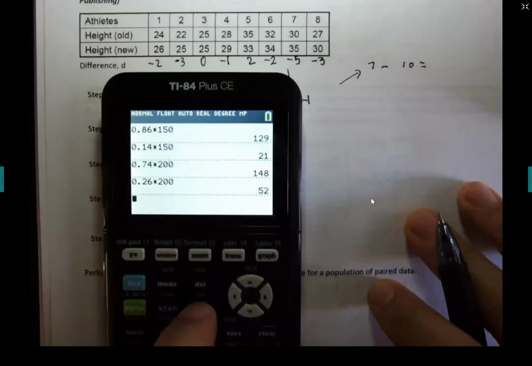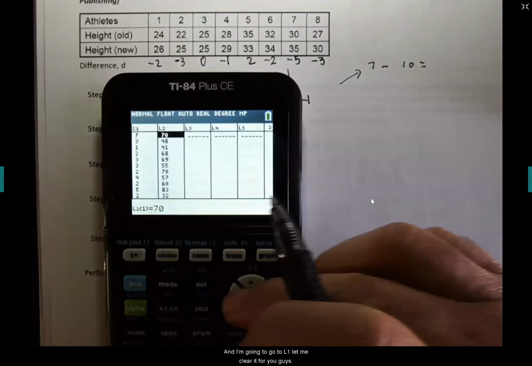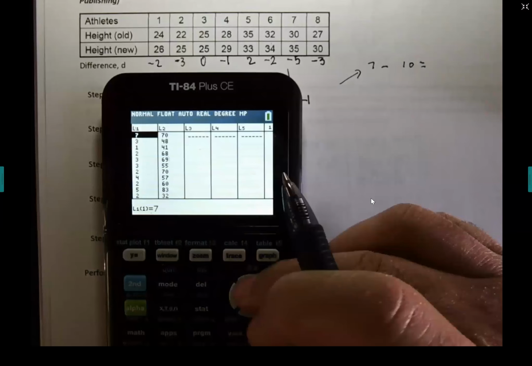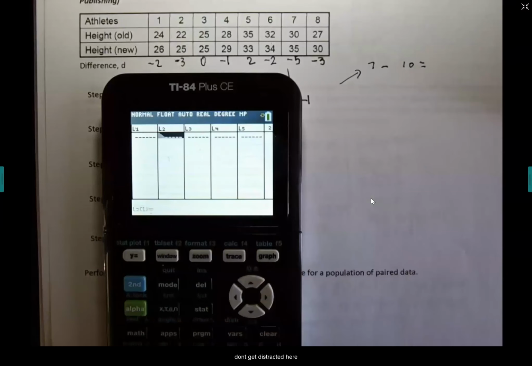Stat, edit, and I'm going to go to L1. Let me clear the other set so you don't get distracted here.